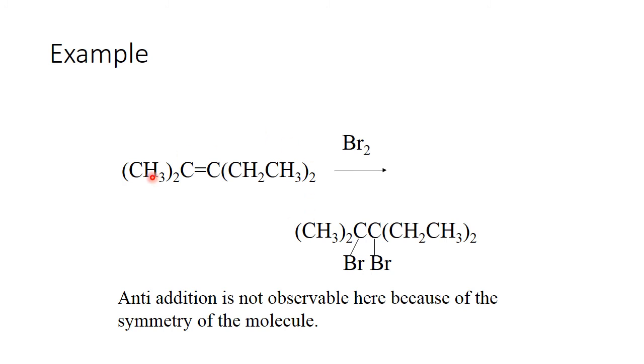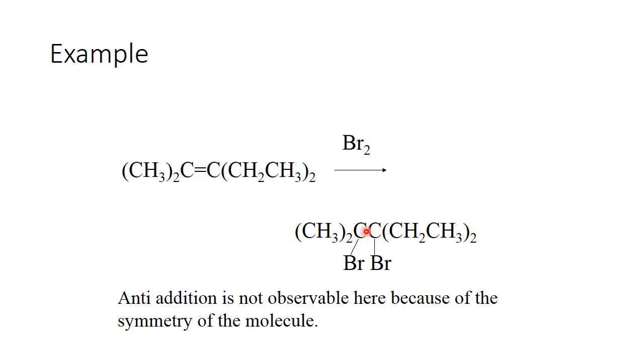Just to start, what you need to be able to do is take an alkene and just place those bromines in the proper place. Notice, here is the double bond. One of the bromines ends up on one side, the other bromine ends up on the other side, and you have the loss of the double bond.